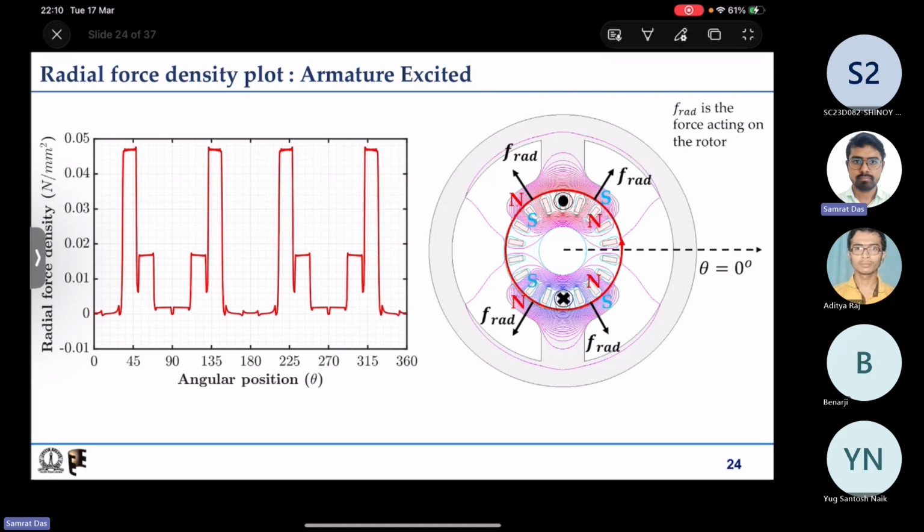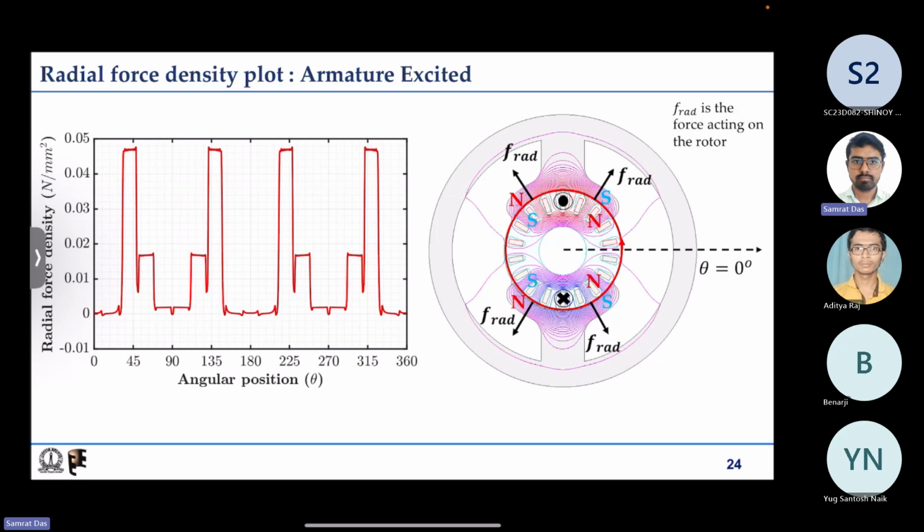Next, if we apply Maxwell's stress tensor to get the radial force density and tangential force density, we see that wherever we have higher flux density, there we have higher radial force also, and radial force is always positive, because the radial force direction indicates the force acting on the rotor.